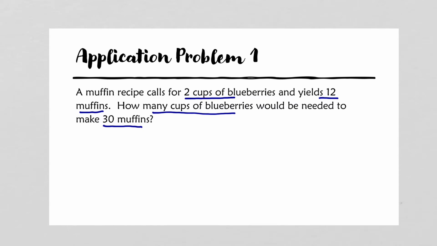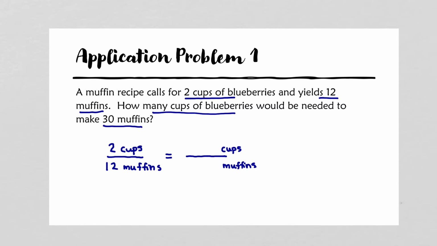Let's go about doing exactly that. I'm going to start with 2 cups of blueberries in my numerator, and those 2 cups yield 12 muffins. Now, when I go to set up my second ratio in the proportion, I have to make sure that I have cups in the numerator and number of muffins in the denominator.